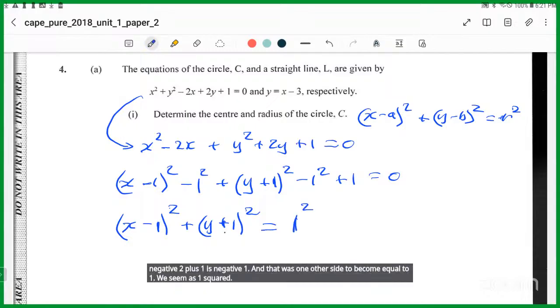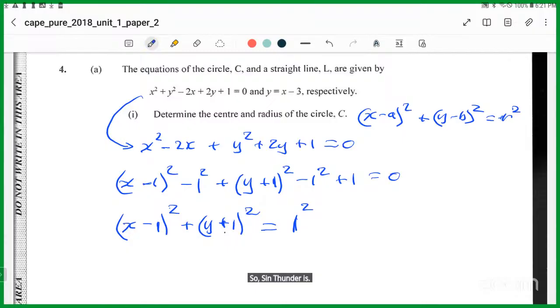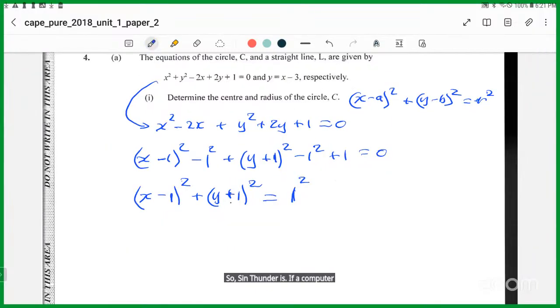So the centre and the radius. The centre is, if you compare this and this, you see that a is 1 and b is minus 1. I can say the minus b is plus 1, so b is negative 1.